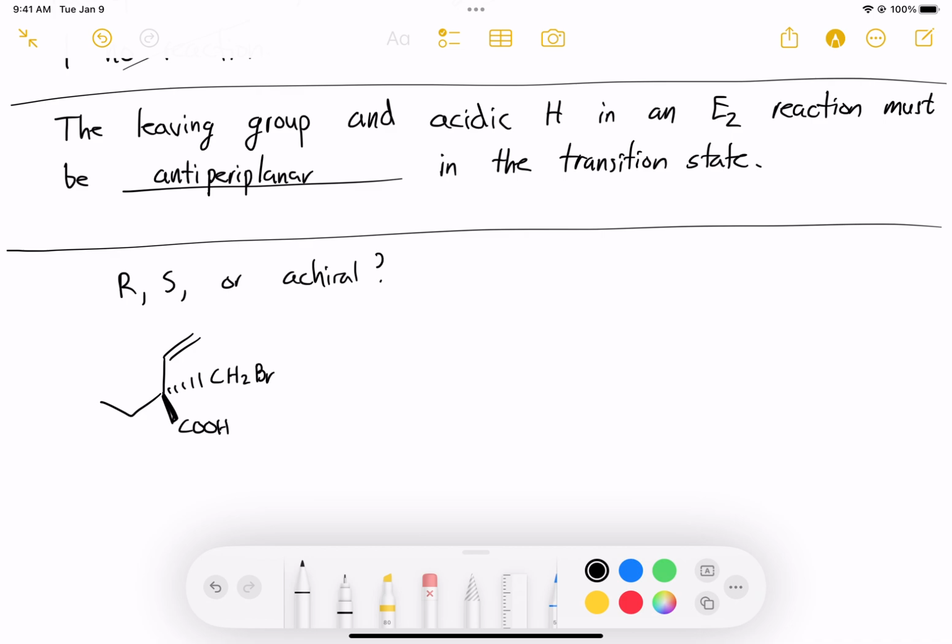Okay, so let's do this one first. Let's assign our priorities here. We have C, then H, and then we have Br, and then we have C, O, OH, and then on the alkene, we treat this as C-C-C.